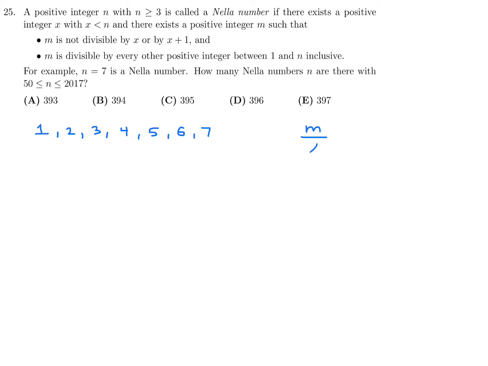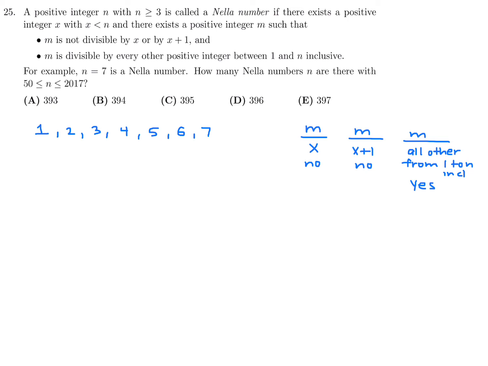So that basically means m divided by x is a no in terms of divisibility, m divided by x plus 1 is a no, but m divided by all of the other integers from 1 to n inclusive is a yes.